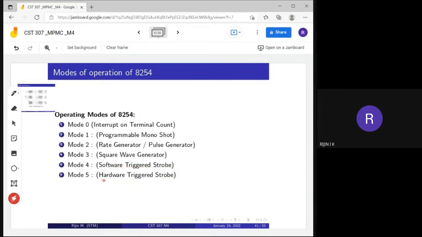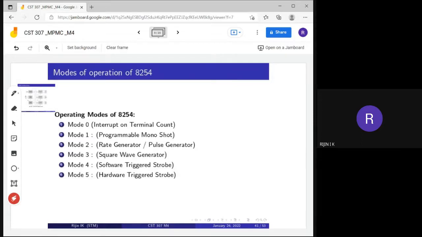So these are the 6 different modes present in the 8254 IC. Mode 0 interrupt on terminal count, mode 1 programmable monoshot, mode 2 pulse generator or rate generator, mode 3 square wave generator, mode 4 software triggered strobe, and mode 5 hardware triggered strobe.